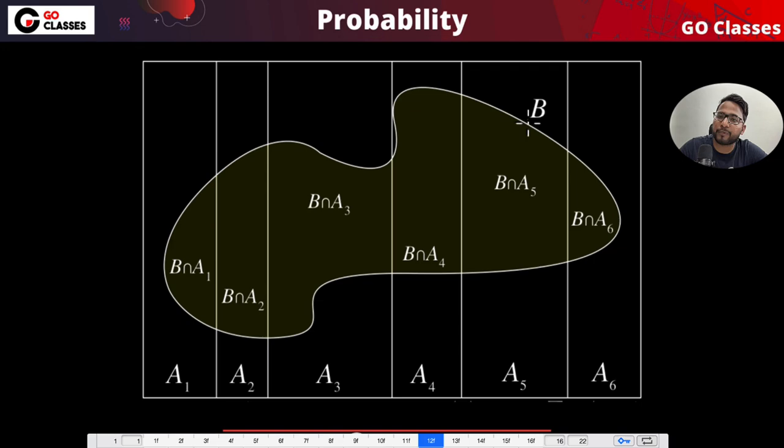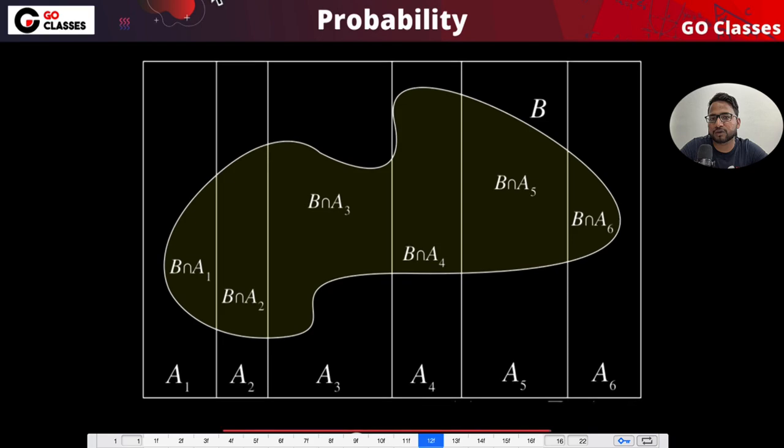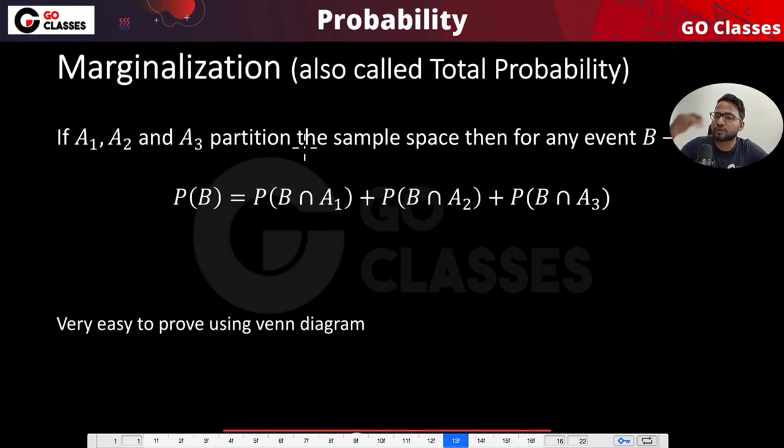Then B can be broken down into B intersection A1, B intersection A2, B intersection A3, B intersection A4, B intersection A5, B intersection A6. So you can break down B into multiple parts. This whole process, as I said, is called marginalization. If you have three events A1, A2, A3, then you can easily do this, and this is very easy to prove using a Venn diagram. We just did it, right?